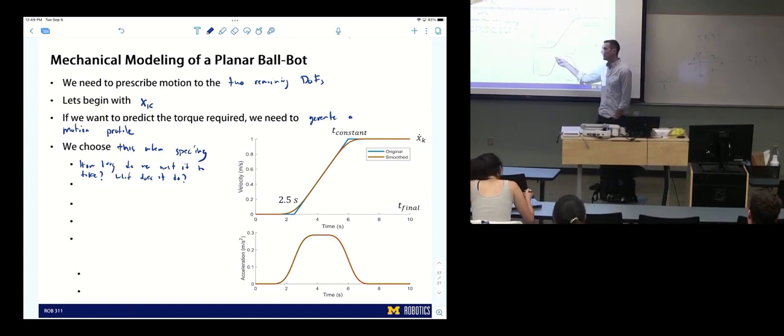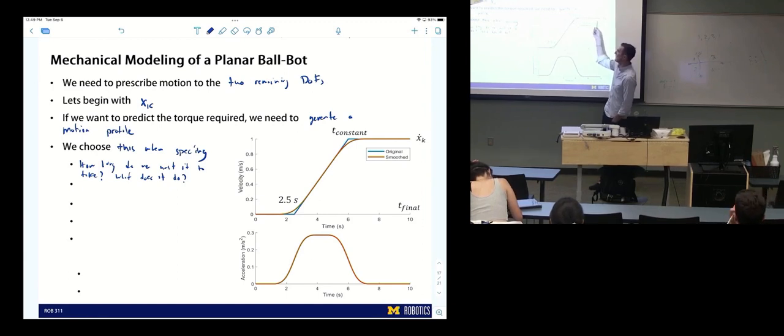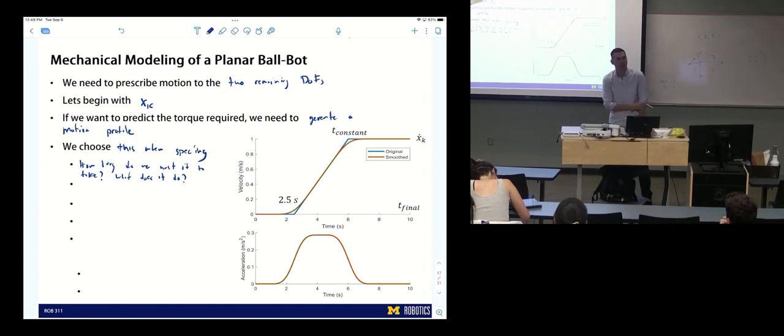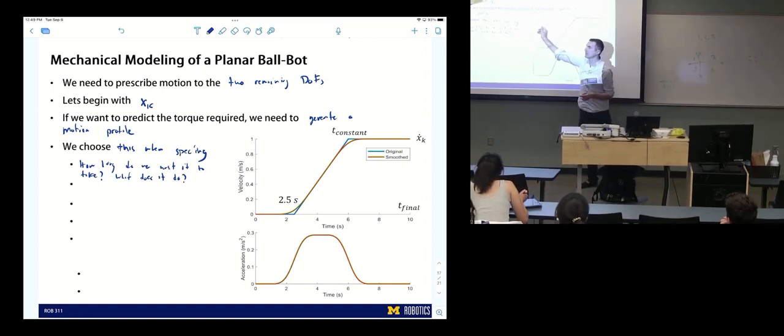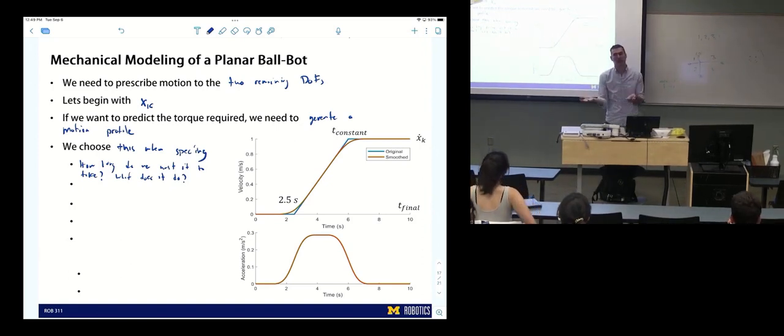It starts out at rest. At 2.5 seconds, it begins to increase at a constant rate to a constant velocity at 6 seconds. I then took that profile and smoothed it, so it doesn't have sharp corners. Taking derivatives and sharp corners are not good paired together. So the red line is the smoothed version of it. That's what we're going to say is our input. What we specified is the maximum velocity we want the system to be able to reach. So imagine you're driving this ballbot, there's a ballbot whizzing across the floor.